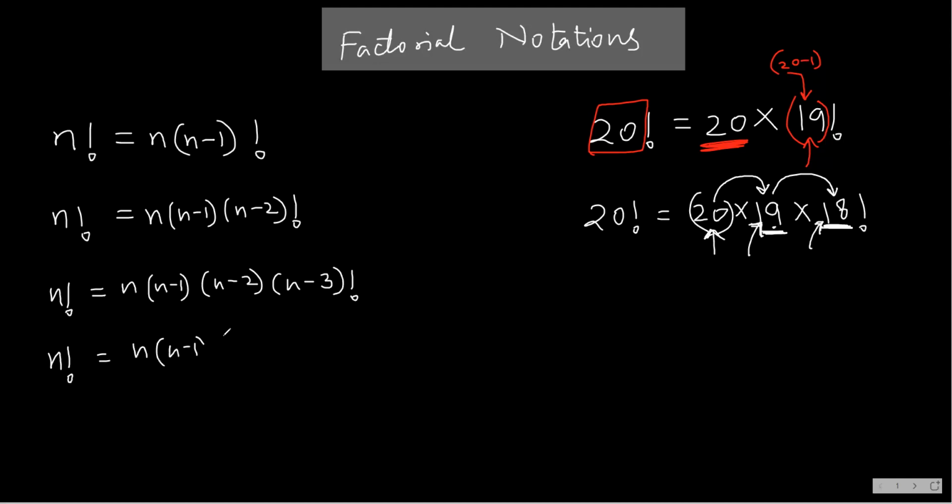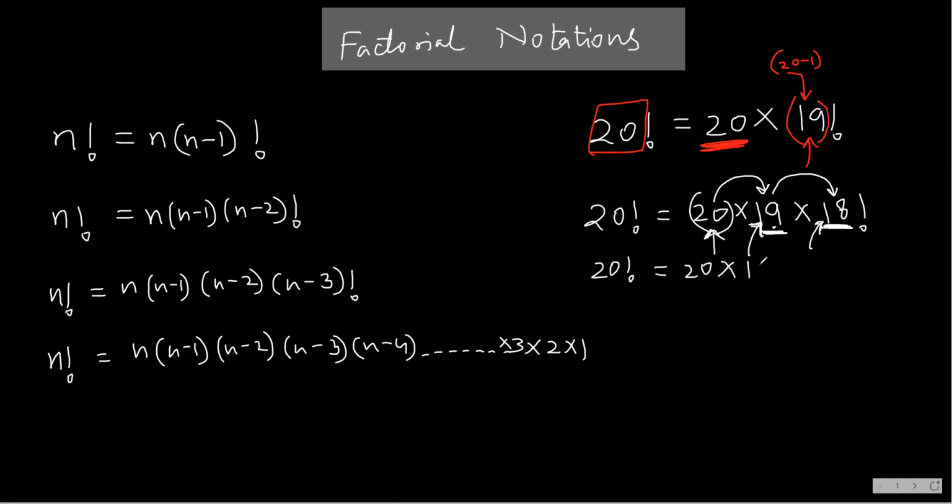And if you want to write all the numbers completely, you will have to write n into n minus 1 into n minus 2 into n minus 3 into n minus 4, and this way, if you continue, finally you will end up getting up to 3 into 2 into 1. Like here also, you wrote 20 factorial as 20 into 19 into 18 into 17 into dot dot dot into 3 into 2 into 1. Whichever number factorial you start with, finally you have to end here. I hope you followed it.